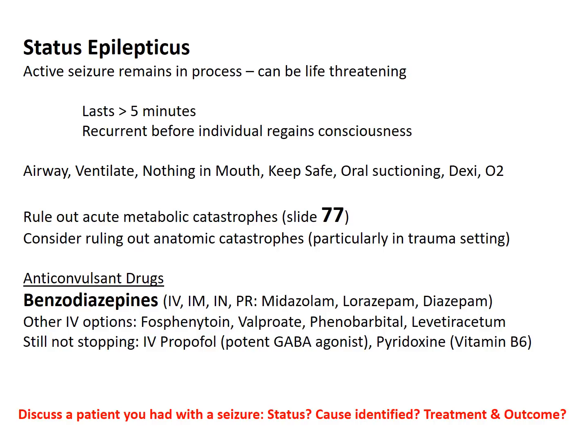And now here's an opportunity for you in one of the discussion threads to talk about an individual that you managed in status epilepticus, what was causing it, and how did you go about managing that individual.